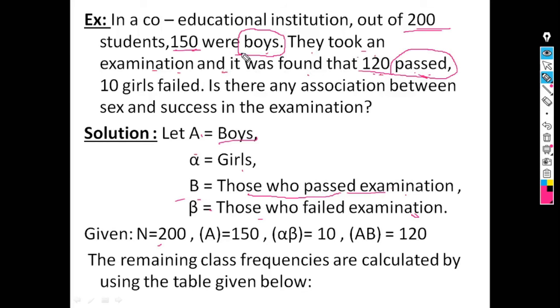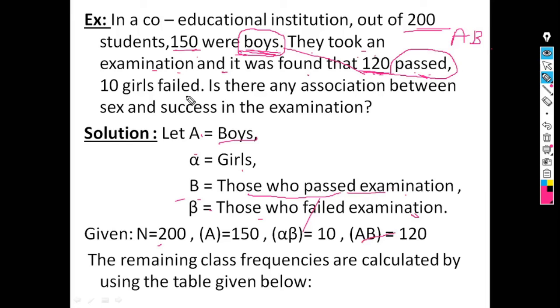But who took it? Boys took the examination, which means out of 150 boys who took the examination, 120 passed, meaning 120 boys passed. And we know that boys is denoted by attribute A and passed is denoted by B. So the value of AB is 120.